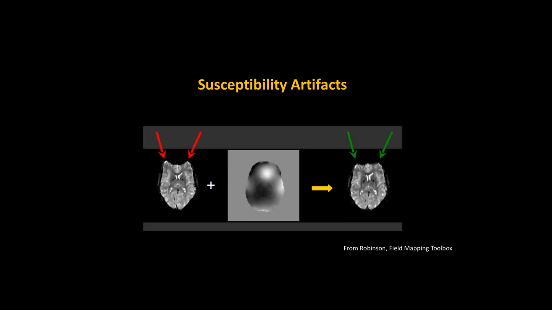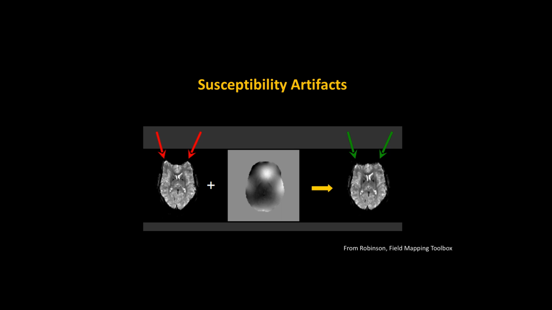Now, these susceptibility artifacts, again, if you see some dropout, particularly in the orbital frontal areas, the more ventral areas of the brain, usually parts of the brain closer to sinuses suffer from this. You can collect this thing called a field map, which maps the inhomogeneities I was talking about earlier in that primary magnetic field.